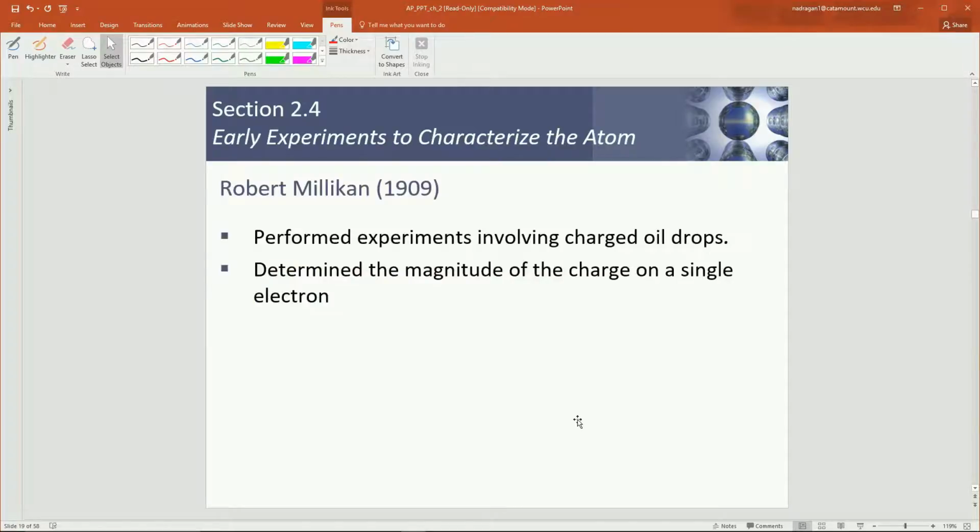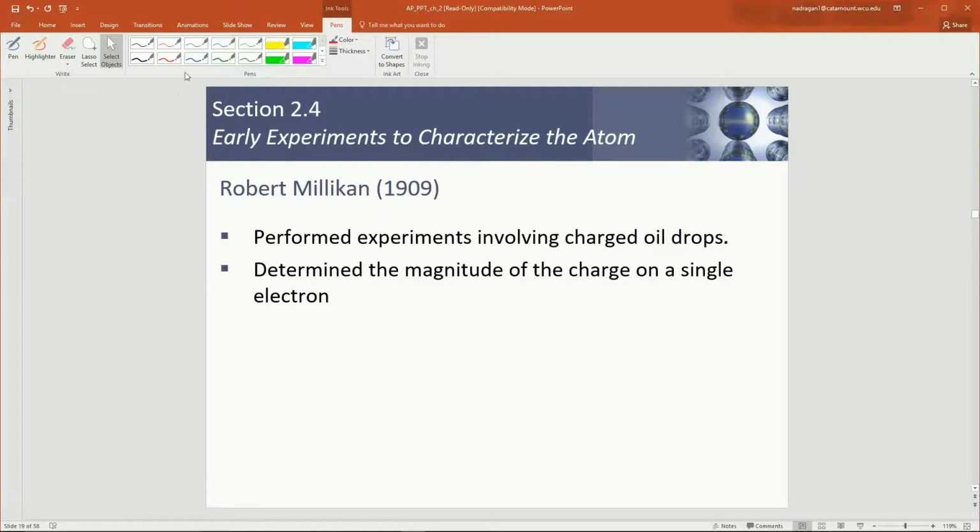Building on Thomson's results, Robert Millikan performed experiments involving charged oil droplets, and he was able to determine the magnitude of the charge on a single electron.